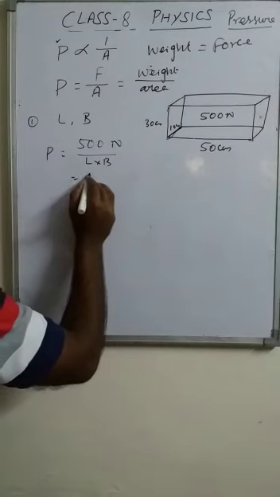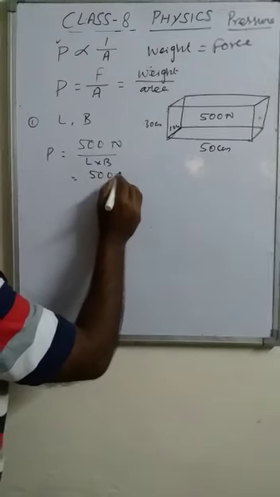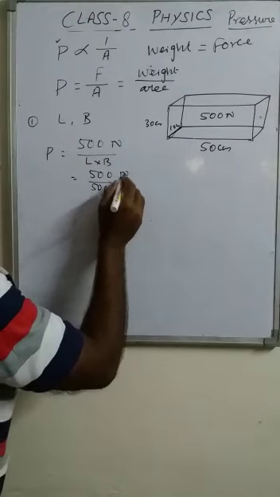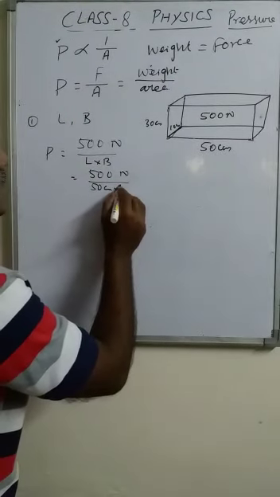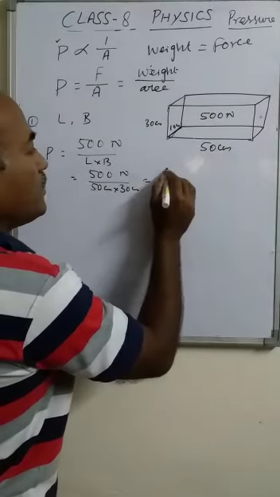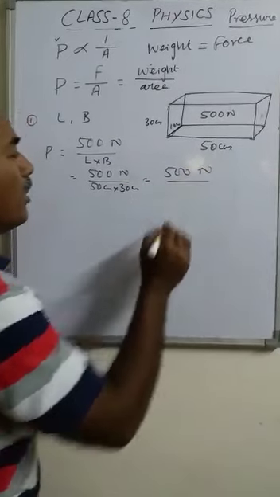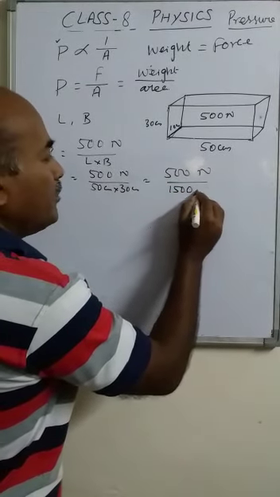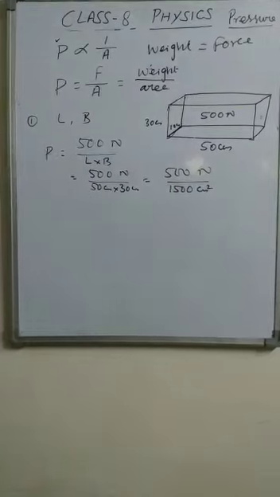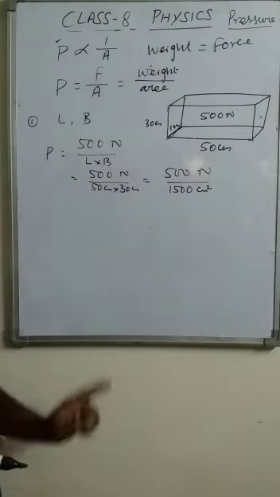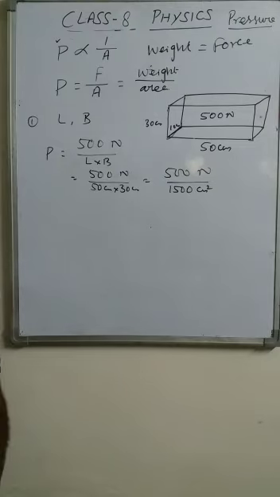Length is 50 centimeter, so 500 Newton upon 50 centimeter into breadth, 30 centimeter. Now if we calculate this, 500 Newton upon 1500 centimeter square.